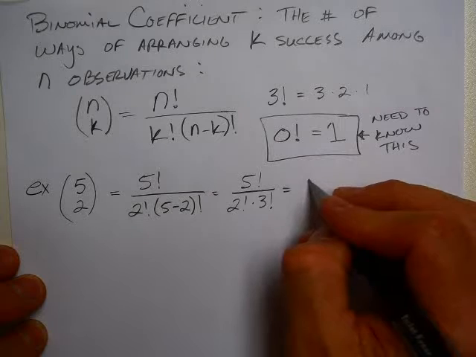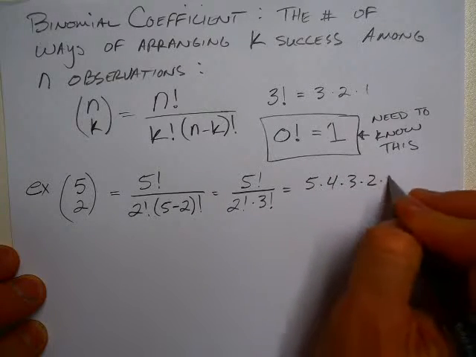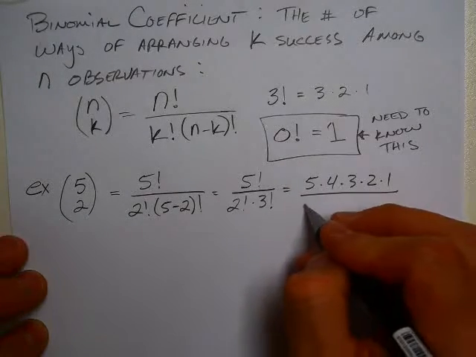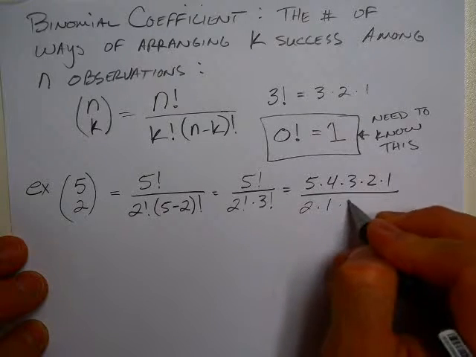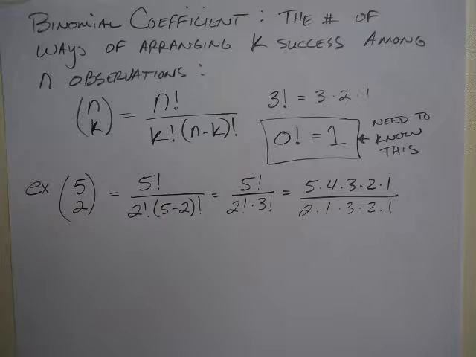And this would then become 5 times 4 times 3 times 2 times 1, where the 1 is really not necessary, because 1 times anything is that thing, over 2 times 1 times 3 times 2 times 1. And then we can do some simplifying here.